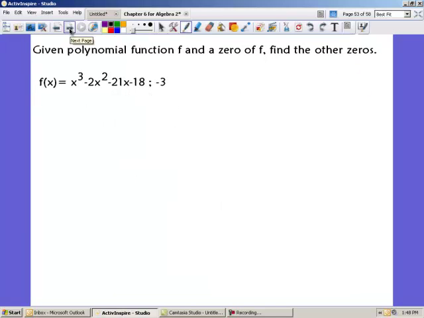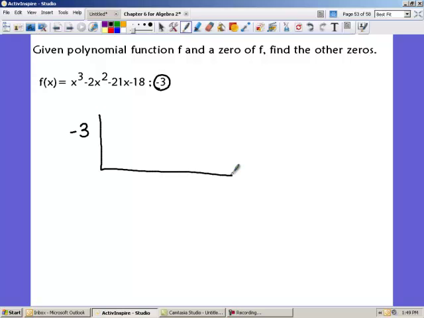All right, and again it says given polynomial function f of x and a 0 of f of x, find the other zeros. So again we're going to do the same thing. They actually give you one of these, but they don't have it set up. They just tell you what this number out here is.